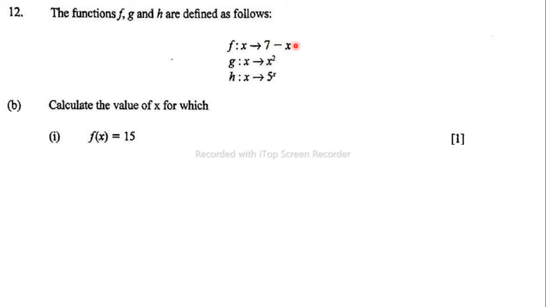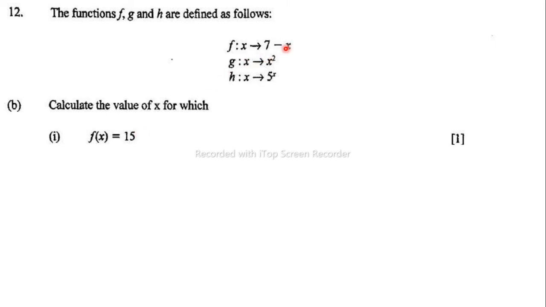It's 20. No, if we put 20, it's going to be 7 minus 20, and that's going to give us 13. We don't want that. Give me a number that I could subtract 7 with, and I get 15. 22 minus 7, you get 15, right?